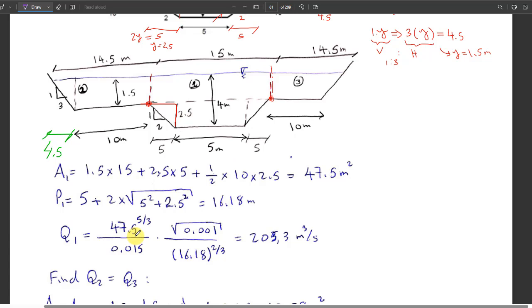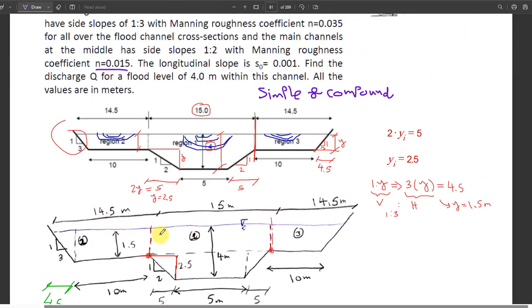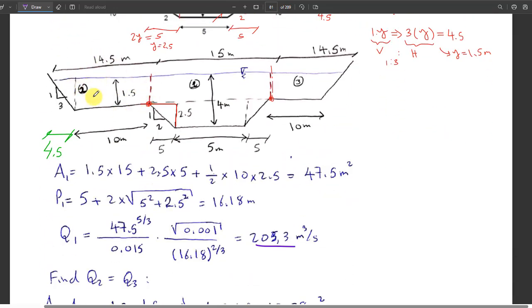Q1. Now how to find Q1? We will substitute. This is the area. This is n. N was given for the whole channel. It's the root of the slope over the perimeter, power 2 over 3. We got the answer. Okay. Next is finding Q2 and Q3. It will be the same. So what is the area of that one? 1.5 times 10. Look, if you divide everything and if you draw everything in detail, it will be so easy.